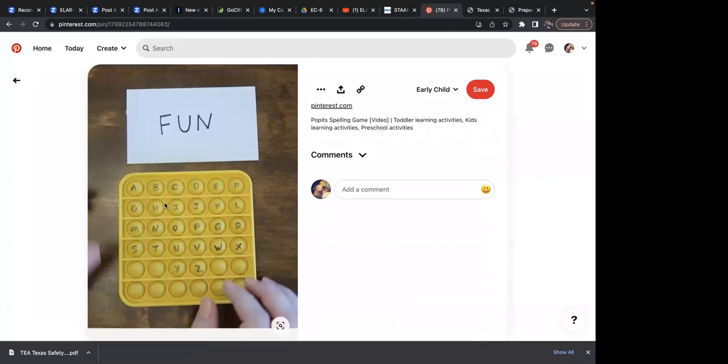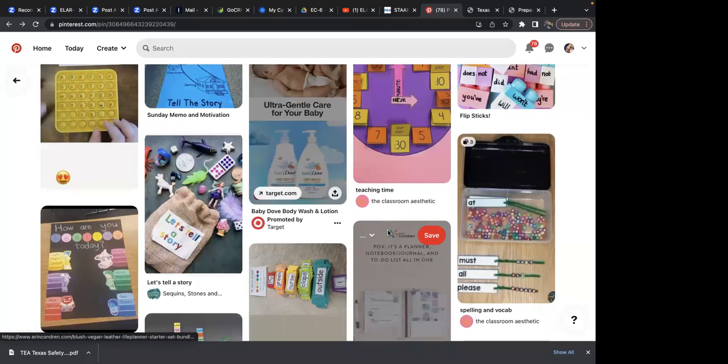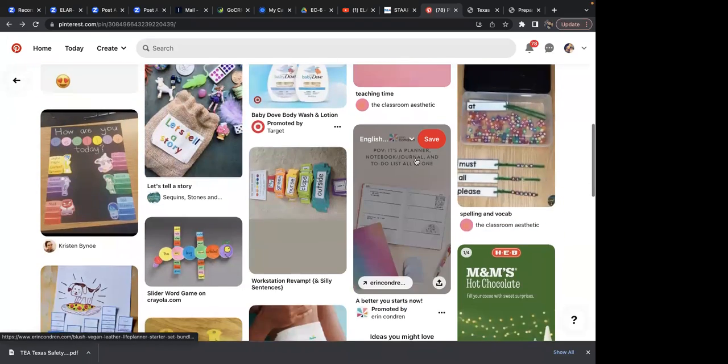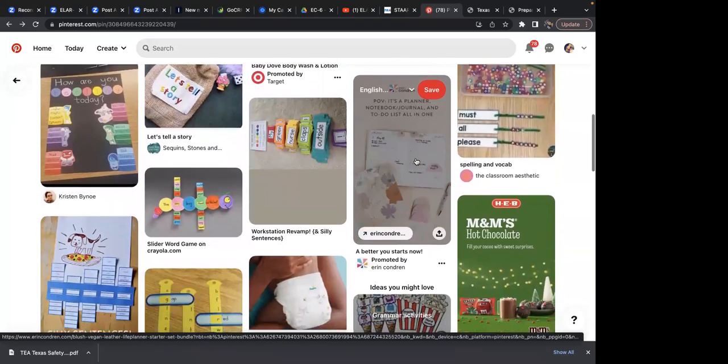Easy peasy lemon squeezy one that you can do. This is phonetics, spelling, phonemic awareness, and they have to punch out the letters F, U, N. But there are better ones here.